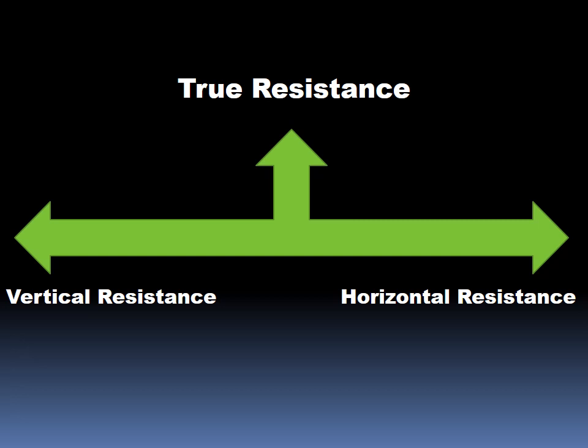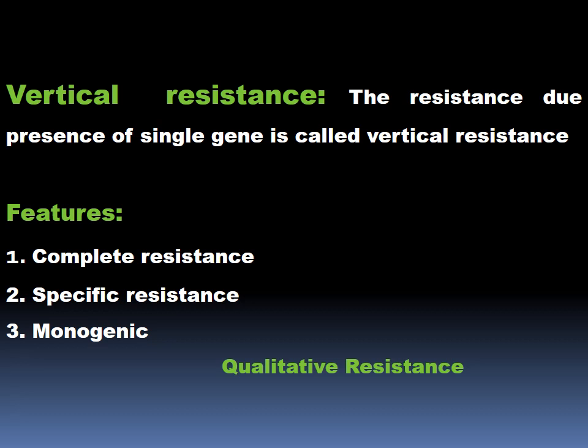And if the resistance is due to the presence of more than one gene, then it is known as horizontal resistance. Vertical resistance is a kind of resistance which is based on a single gene, and this single gene detects the corresponding avirulent gene in a pathogen, and not only detects it but helps the plant to counter that pathogen, and the plant becomes resistant against this pathogen.